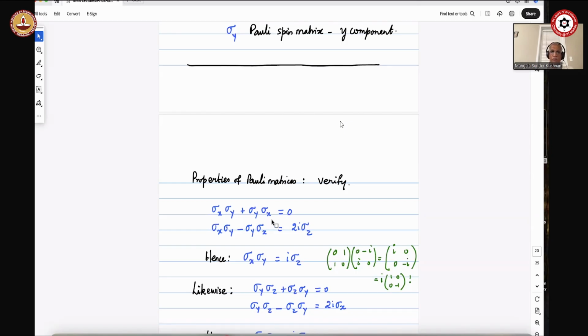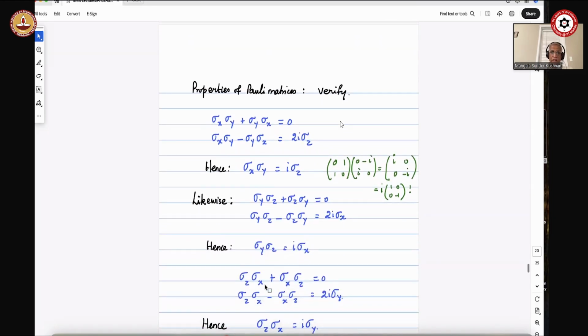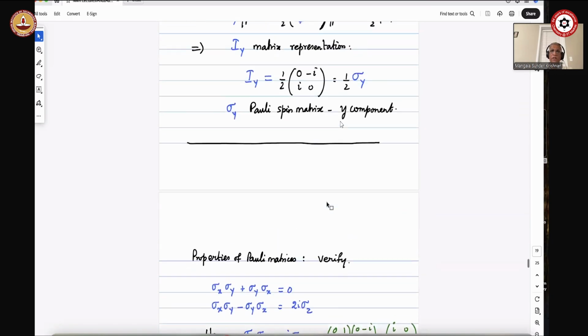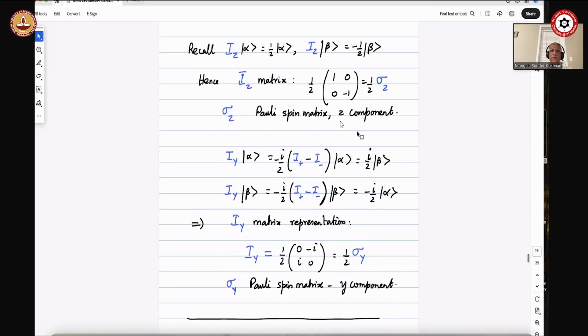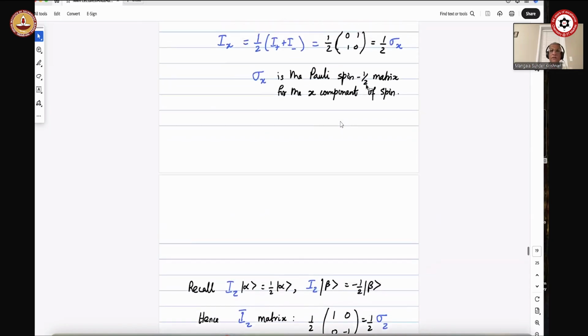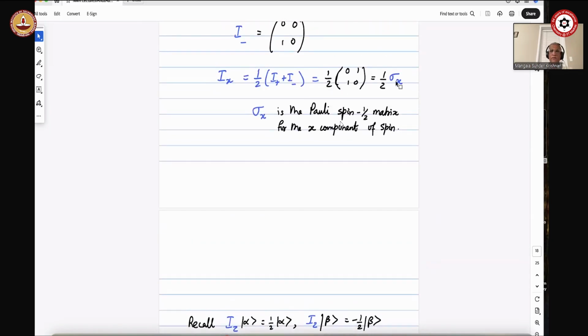Now we talked about x and y. You can do the same for y and z. You can do the same thing for z and x. So you can see that sigma y sigma z plus sigma z sigma y is 0. The matrices are all here. This is sigma x: 0, 1, 1, 0.